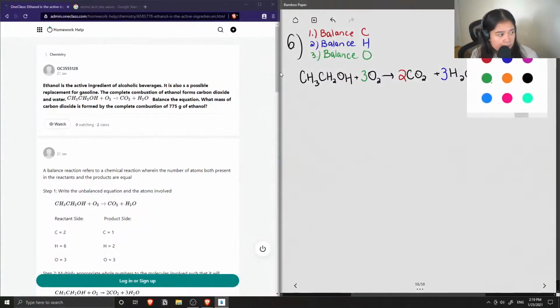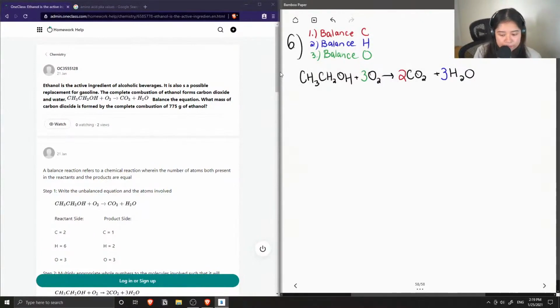Now let's answer the next part of the question. What mass of carbon dioxide is formed by the complete combustion of 775 grams of ethanol? Let's write down everything we know. We know the mass of ethanol is 775 grams.